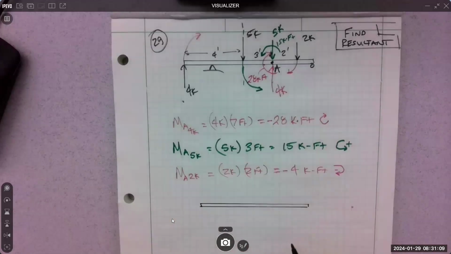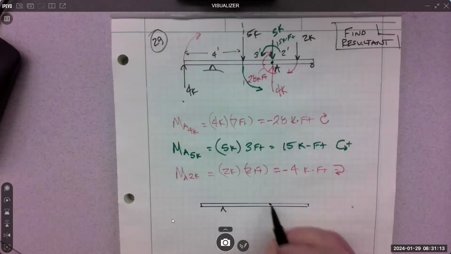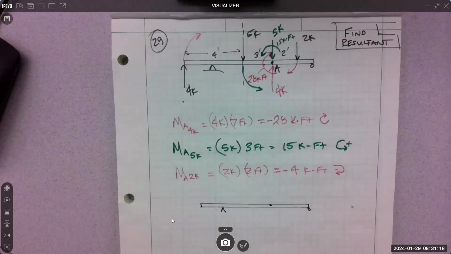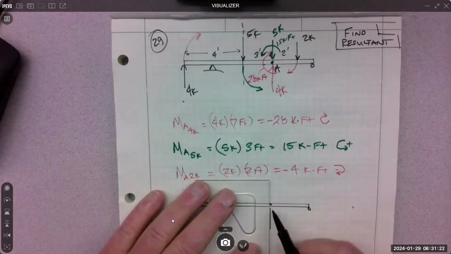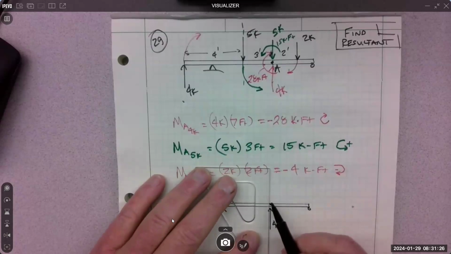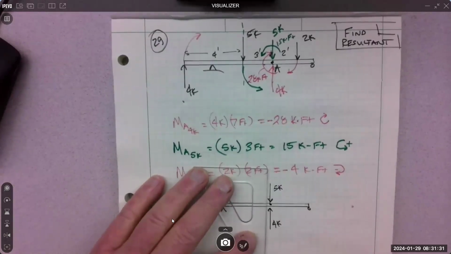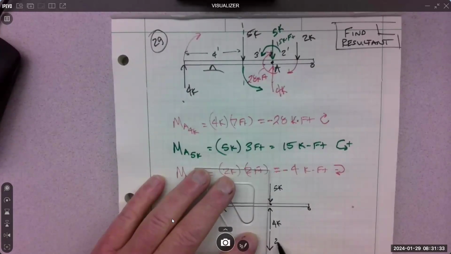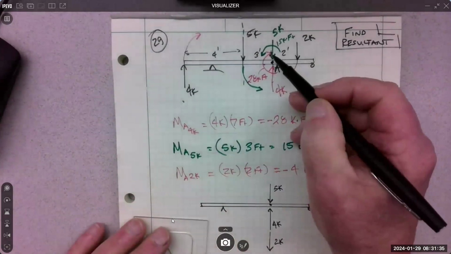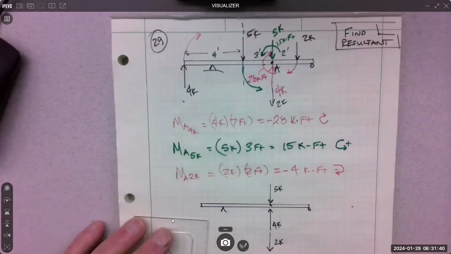So here's my same beam. Here's this piece right here. Here's my point A. Here's my roller. I've got 4K, 5K, 2K, because I moved that one over here too. I should draw it. Put it down here. 2K.